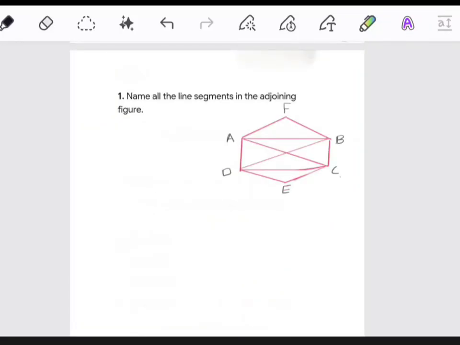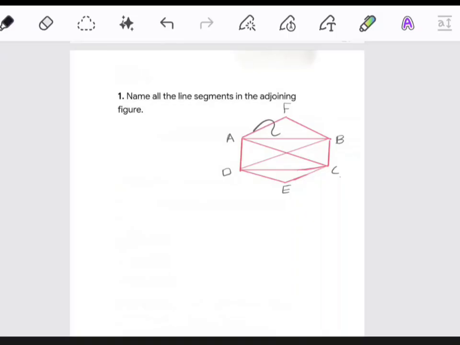Next question. Name all the line segments in the adjoining figure. Here is the figurative representation. You have to name all the line segments in this figure.